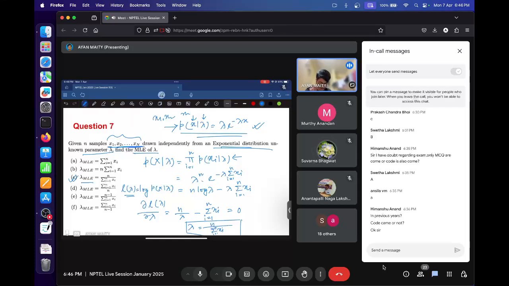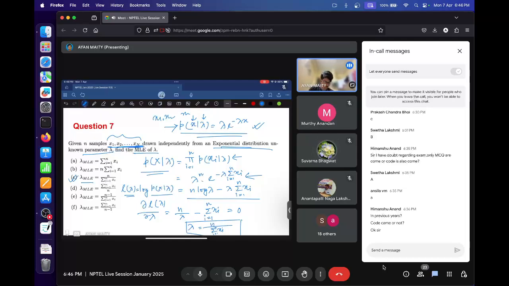Here we have n samples, x1 up to xn given in the question. So you have to multiply it over i equals 1 to n. Then take the log likelihood, log of this probability of x given lambda. The expression simplifies slightly so that we can compute the derivative easily.